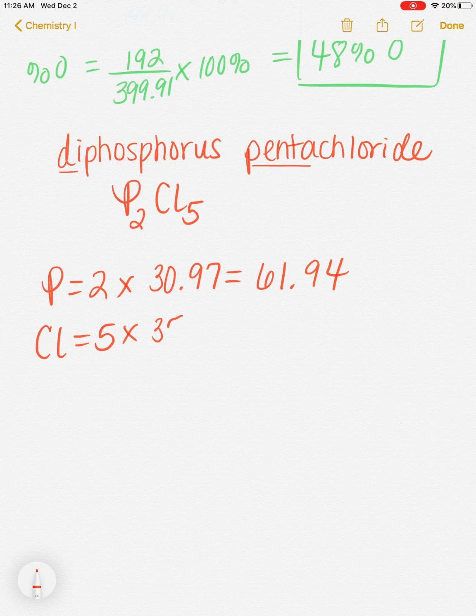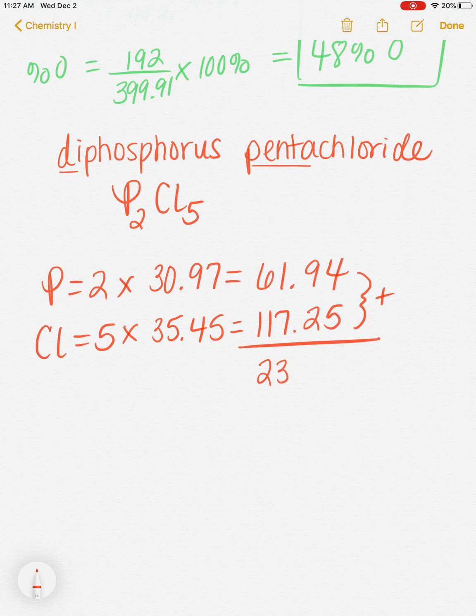Chlorine, if you look it up on the periodic table, is 35.45. So 5 times 35.45 gives us 117.25. To find the total molar mass, I need to add those values, and I get 239.19. My unit label would be grams per mole.